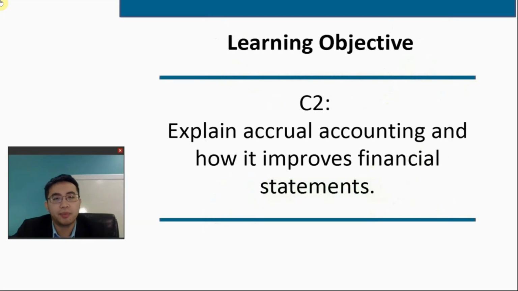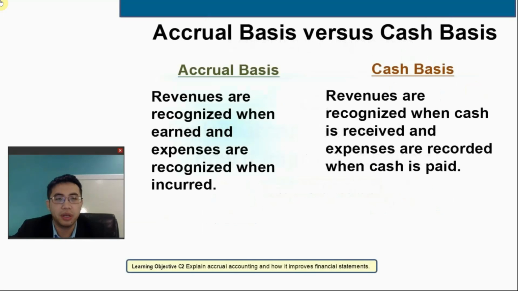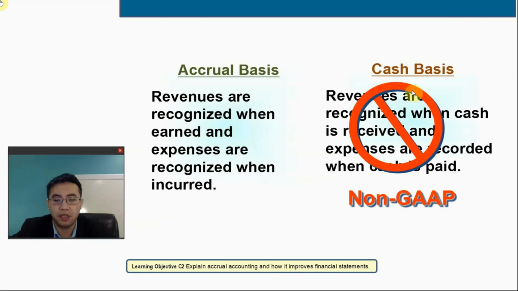Okay, and now let's explain the accrual accounting and how it plays a role in financial statements. So first and foremost, in our generally accepted accounting principles, aka GAAP, we do our recording on accrual basis and not cash basis.